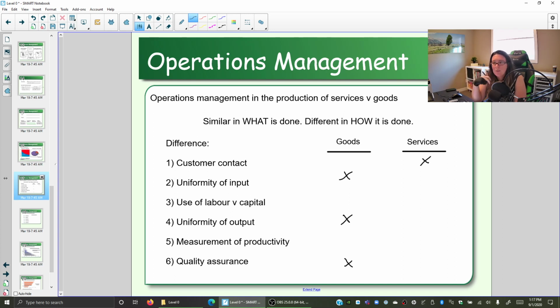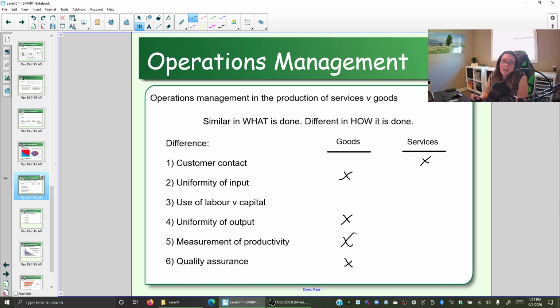Just because mine takes 3 hours longer than yours, does that mean a company should only do hairstyles that take 15 minutes? Because then they can see a lot more customers. Right? There's probably a reason a 3-hour hair session costs a lot more than a 15-minute hair session. So measuring productivity can be difficult if we all want something different in terms of the outputs. Measuring productivity is much easier with goods.